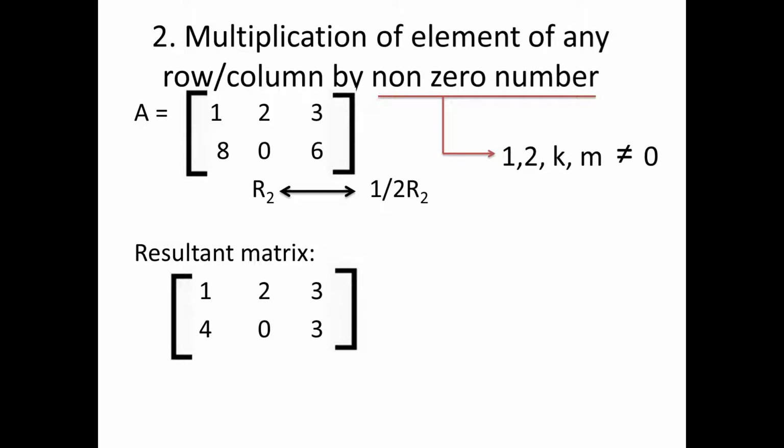Now let's move toward the third transformation, that is addition to the elements of any row or column the corresponding elements of any other row or column which are multiplied by a non-zero number. Now it includes three things. First is addition, second is multiplication, and third is a non-zero number, right?